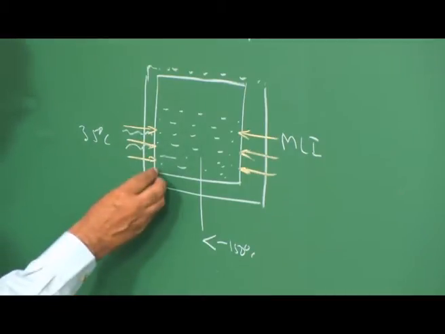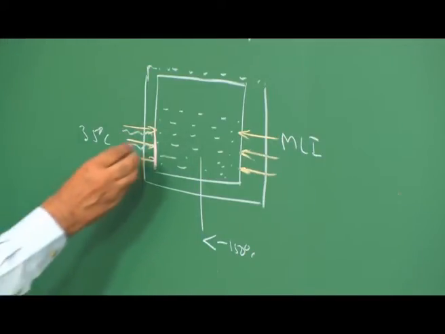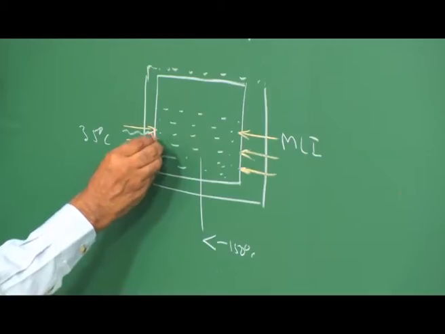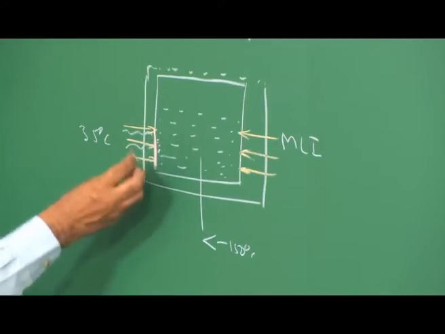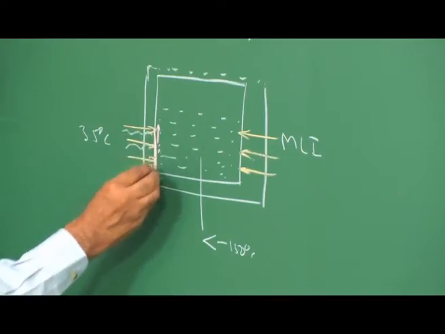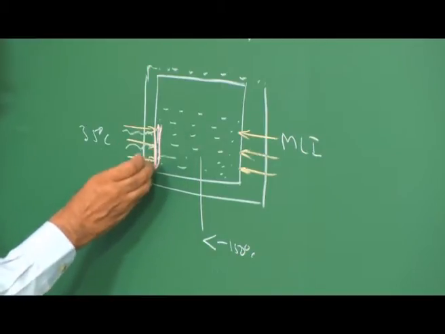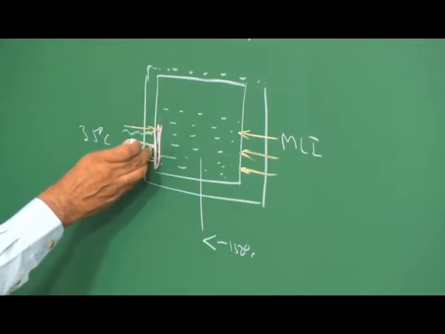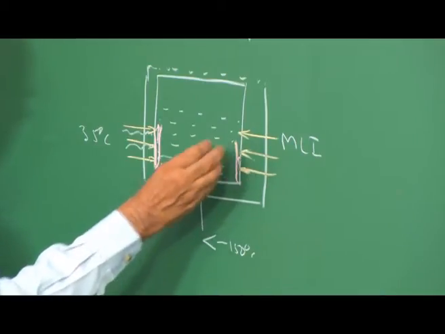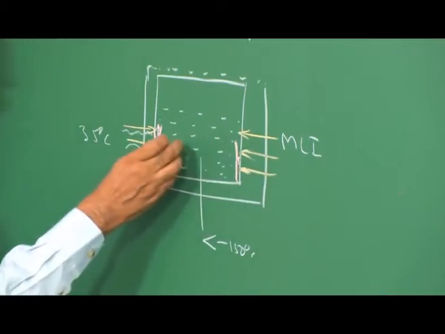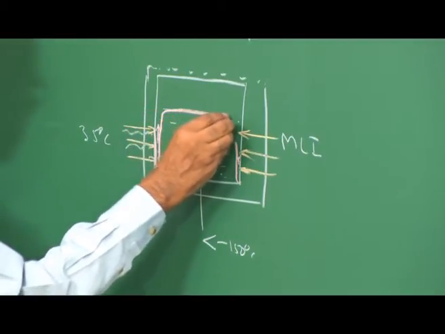When I heat this particular surface, the fluid becomes less dense, because whenever I heat a fluid, it tends to become less dense and rises up. The fluid which gets heated in the wall region tends to rise because it is lighter in density compared to the original fluid, and it accumulates at the surface.